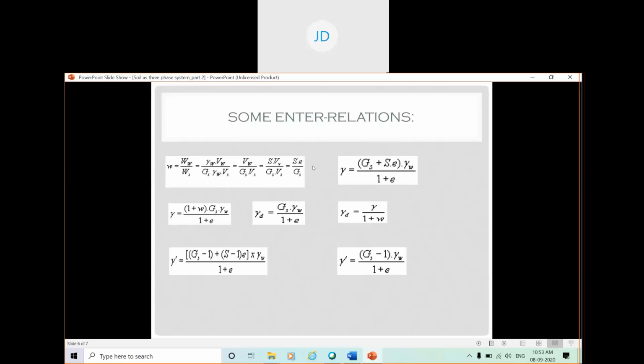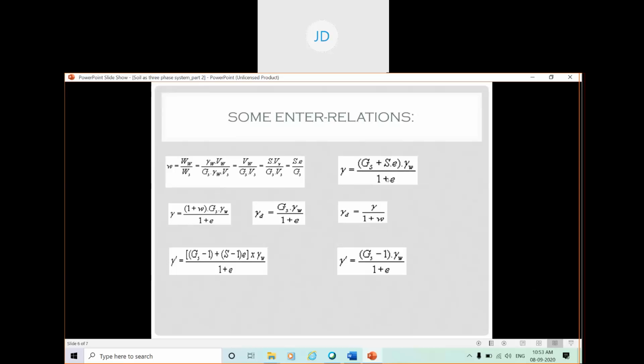Next one, for unit weight of soil, which can also be represented in terms of density. The unit weight of soil can be represented by this formula: specific gravity of solid plus degree of saturation multiplied by void ratio, whole multiplied by unit weight of water, divided by 1 plus void ratio. This can also be represented in terms of porosity, small n. I think you remember these things.